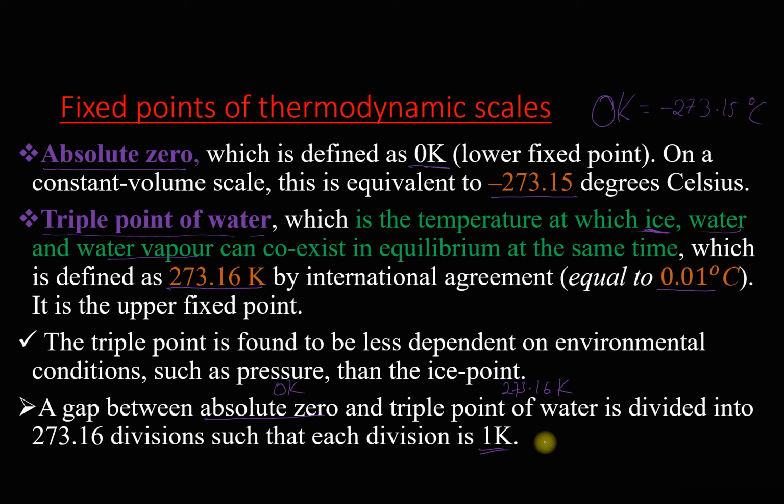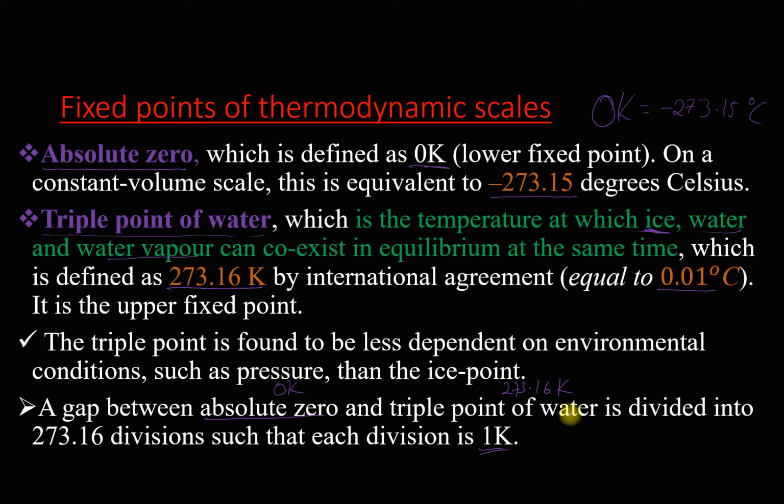It is the same way we divided the gap between 0 degrees Celsius and 100 degrees Celsius into 100 equal divisions. So the gap between 0 Kelvin and the triple point of water can be divided into 273.16 equal divisions to come up with what we call the Kelvin scale.